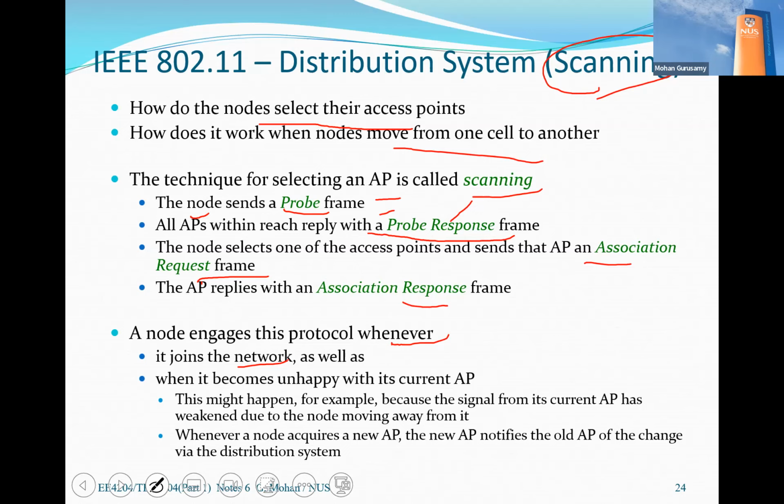Whenever a node joins the network, that means, let's say it was switched off, or only now it comes close to the network, or only now it is powered on, etc. And whenever it becomes unhappy with the current service, the current AP.